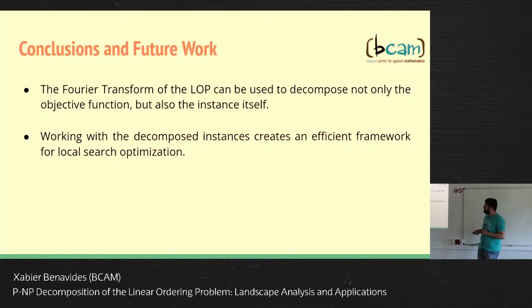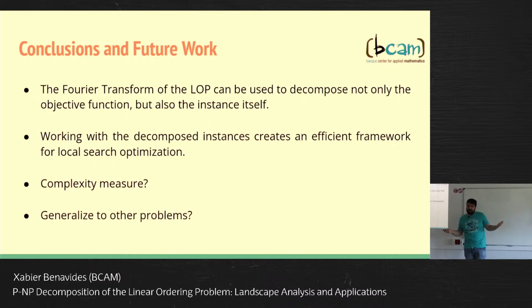Moreover, we have also seen that working with the decomposed version of the linear ordering problem creates an efficient framework for local search optimization. In fact, in this presentation, I have shown you one example, the p-descent algorithm, but we are also considering other different ideas, such as, for example, using this PMP decomposition to efficiently break plateaus in the linear ordering problem, okay?